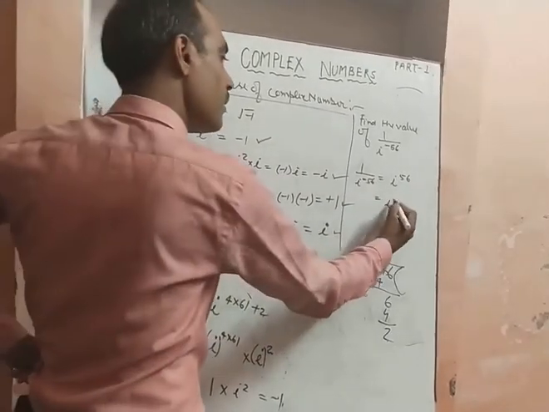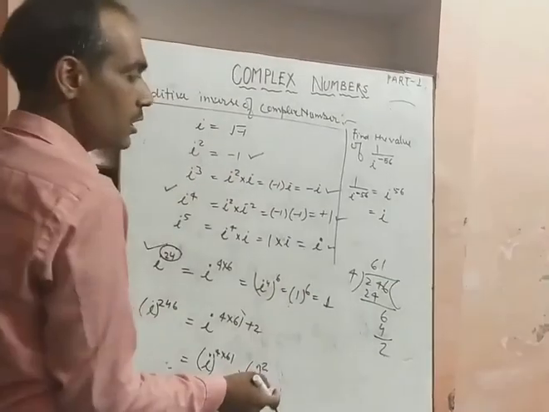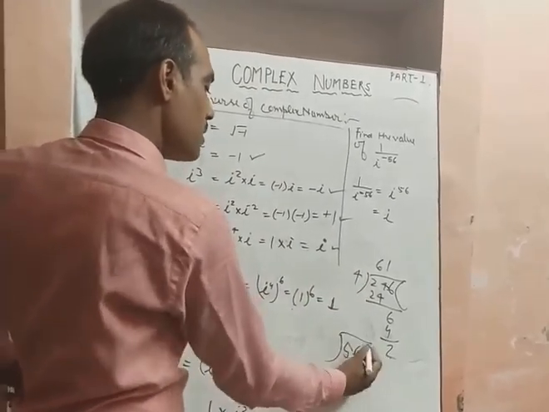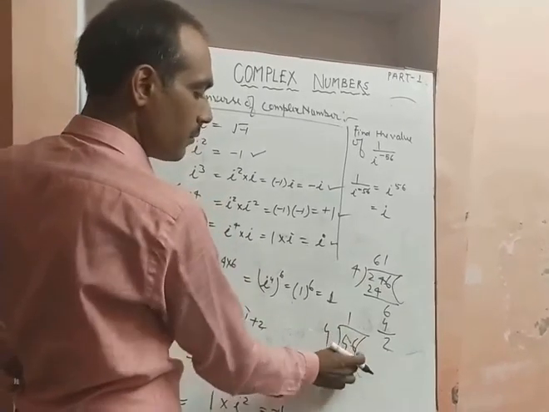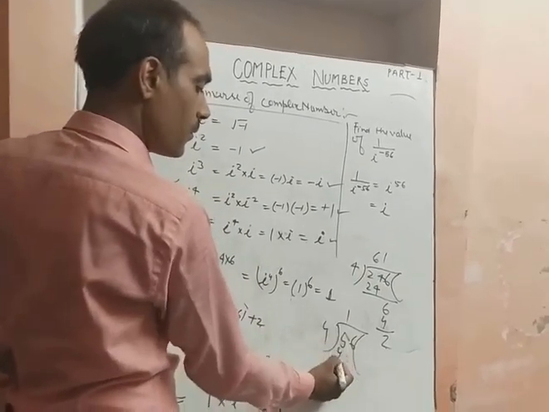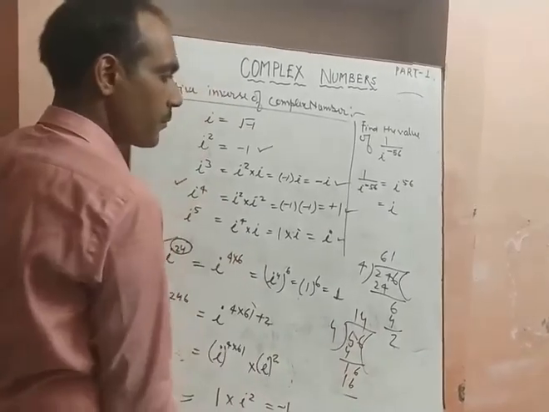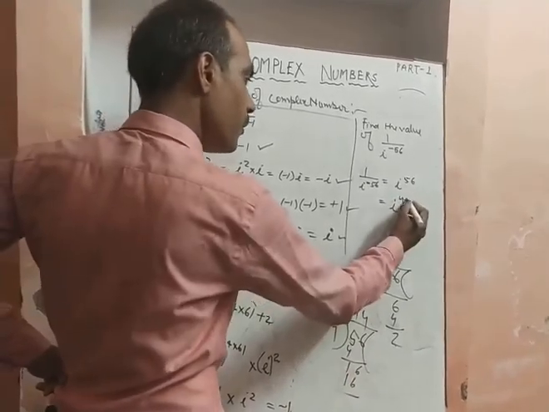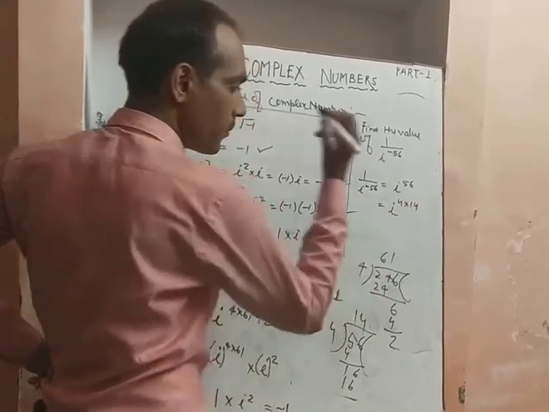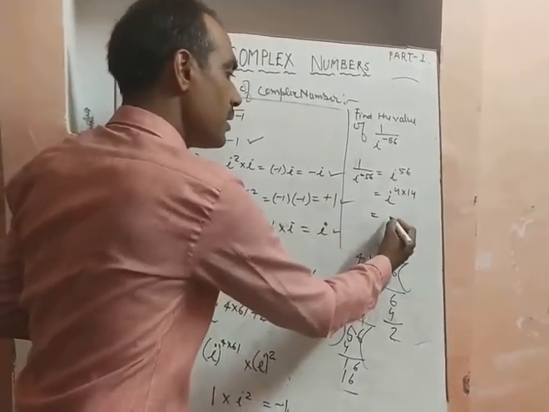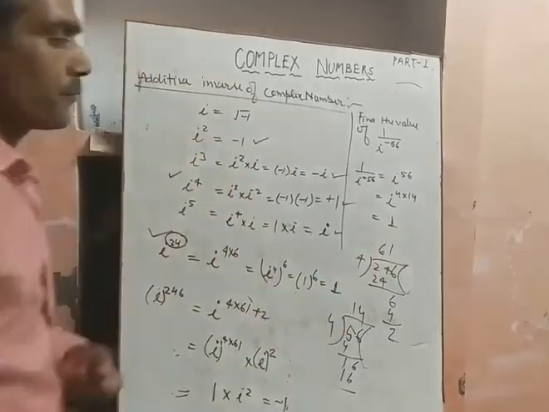After that, write 56 as a multiple of 4. Divide 56 by 4, which is 4 into 14, and this is a multiple of 4, hence this is equal to 1.